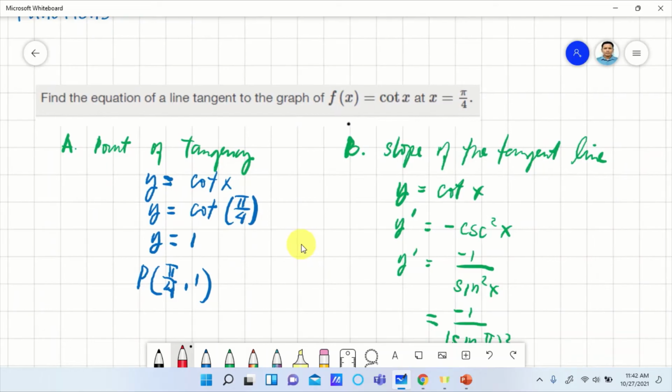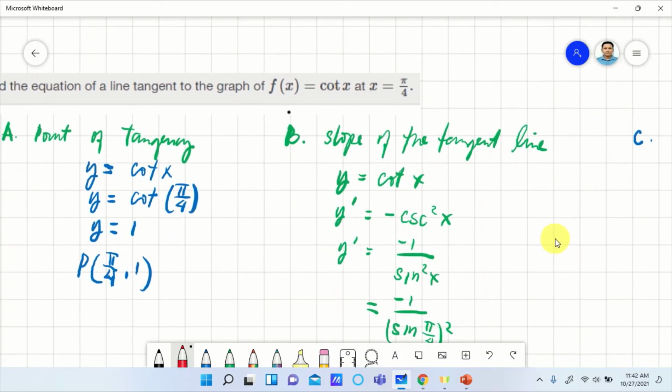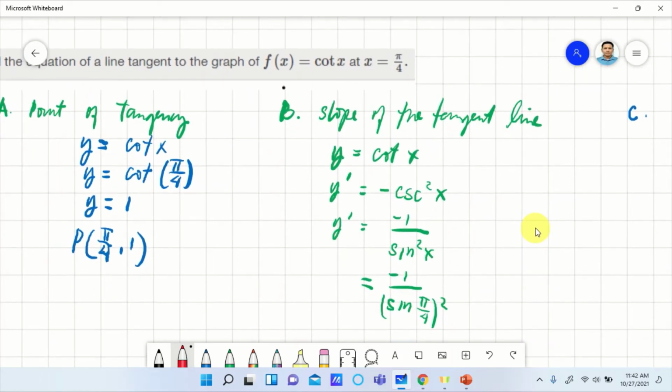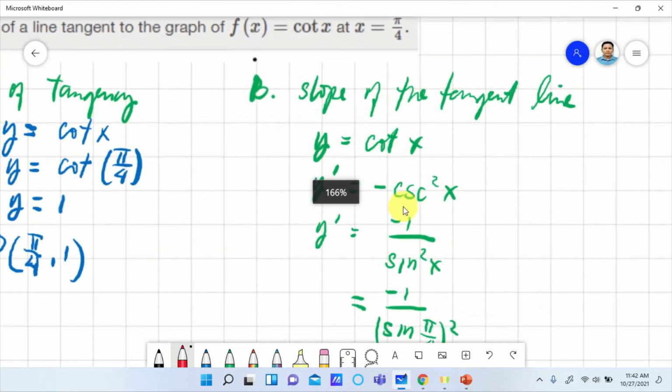Now let's proceed to the second step. Here we will be looking at the slope of the tangent line, and you're aware that the slope of the tangent line can be solved by getting the derivative of the function, and then replacing x by the desired value. So here, the function is cotangent x, and the derivative of that, which we derived a while ago, is negative cosecant x squared.